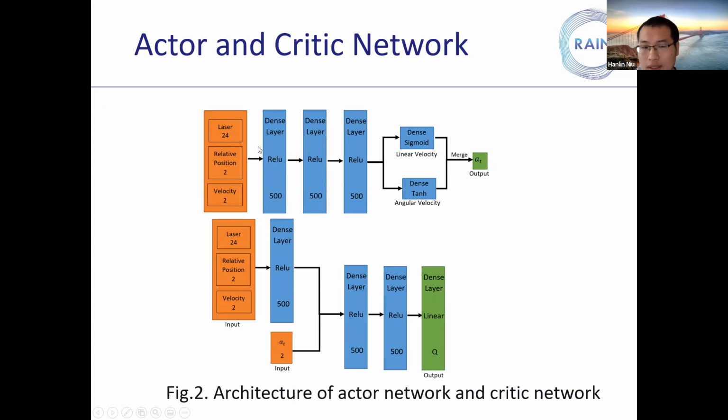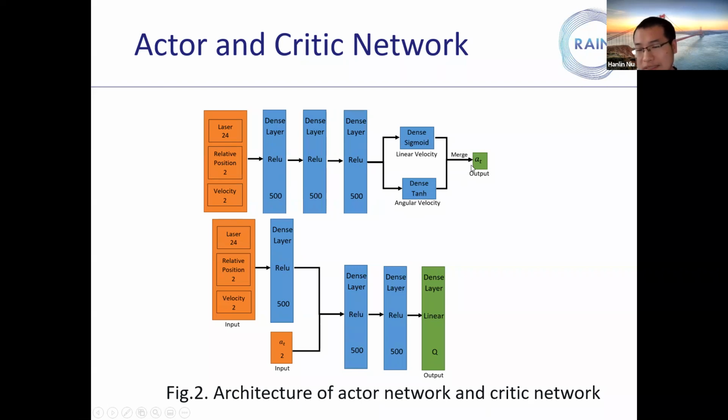The first one is the actor network. We use its current state, which includes the laser data, relative position, and also its speed command. In the middle are three fully connected layers with ReLU activation functions, and then it generates linear velocity and angular velocity.